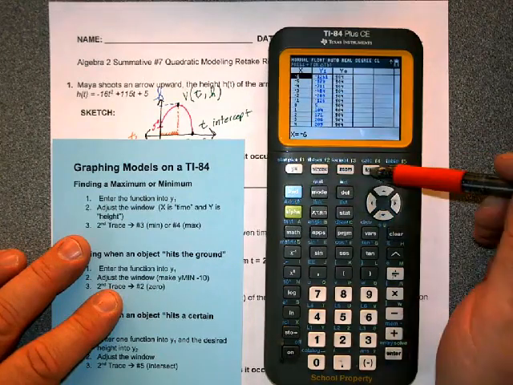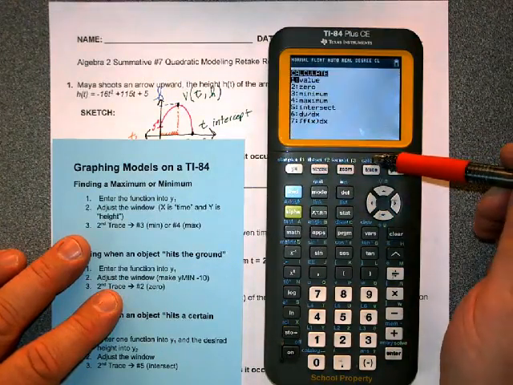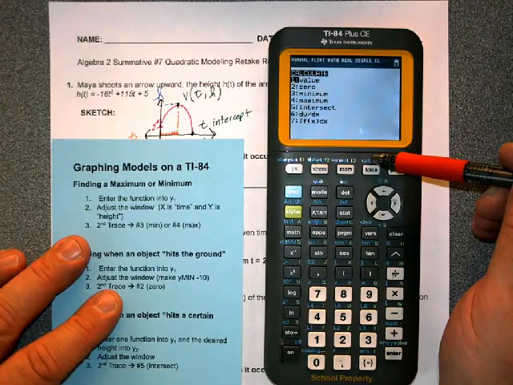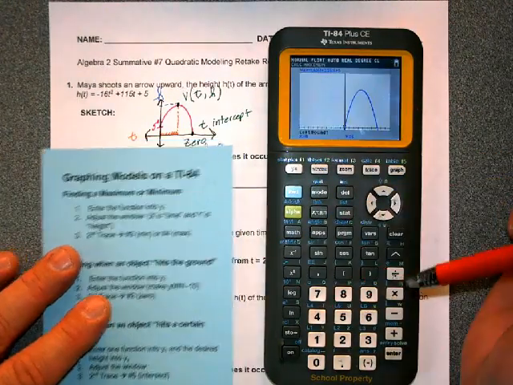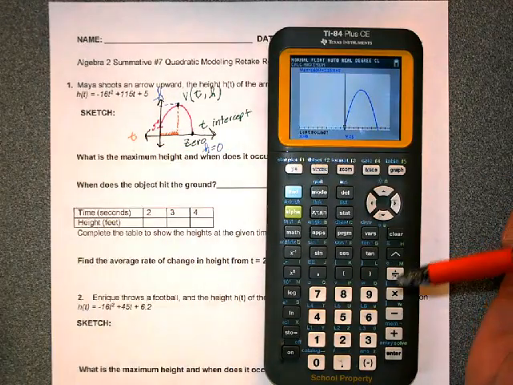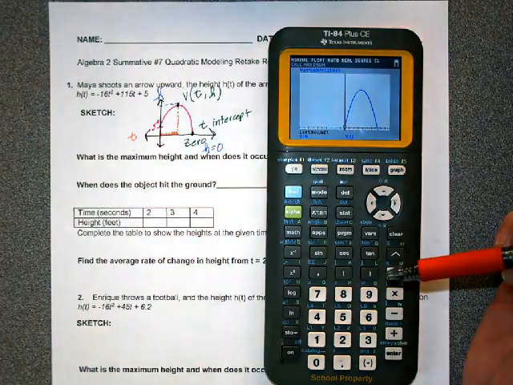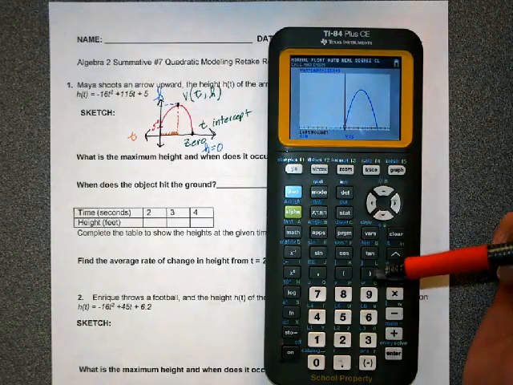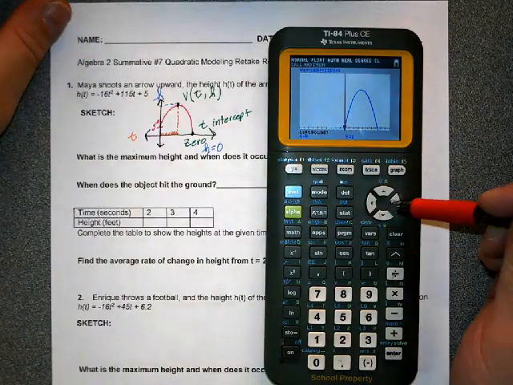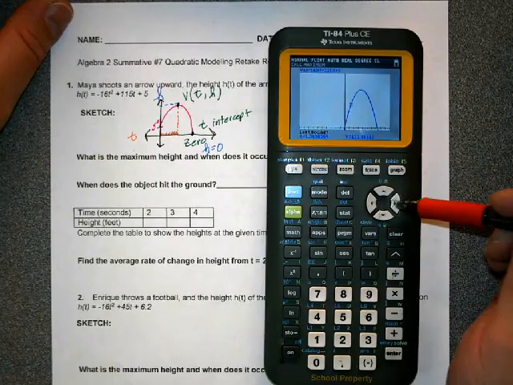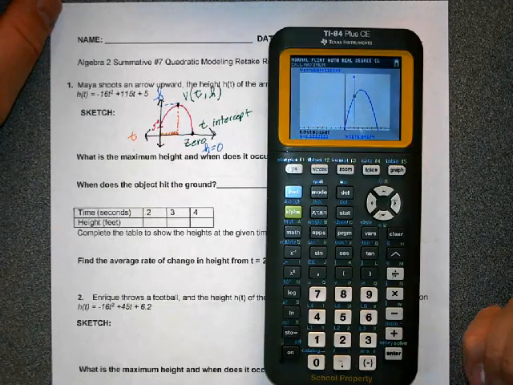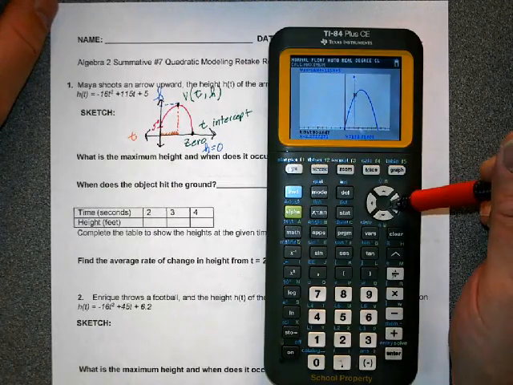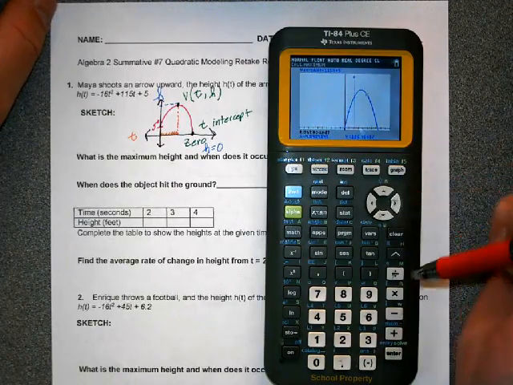And I want to find the maximum, which is number 4. And it's asking me to put a left bound in there and a right bound. So I'm going to go ahead and put a left bound in there. Any of these points to the left of that maximum will work. Hit enter. Then get to the right of that maximum point. Hit enter. And then enter again, and it will tell me what the vertex is.